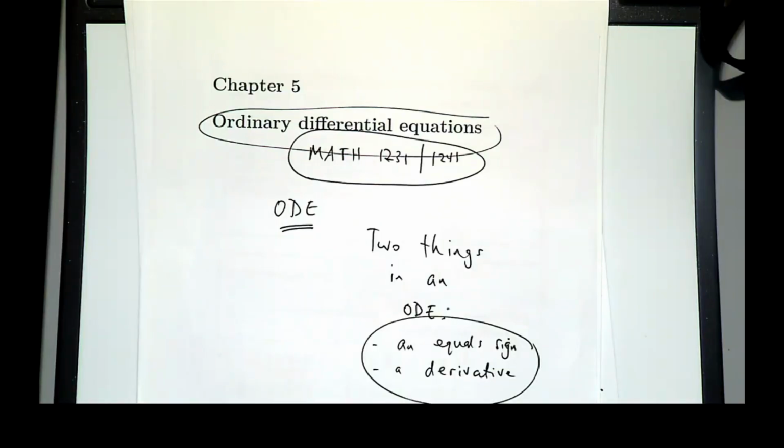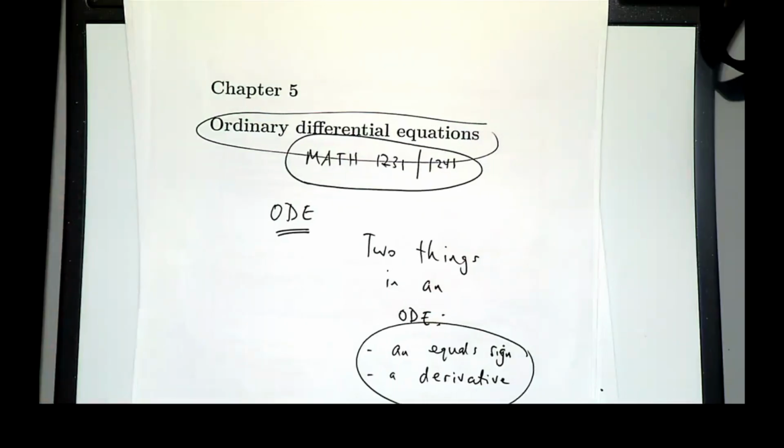Now the difference with these equations is that you're looking for a function, not a number. And that function, you can check it, you can differentiate it, you can put it into your equation and you can see if it holds. So that's sort of the basic background.